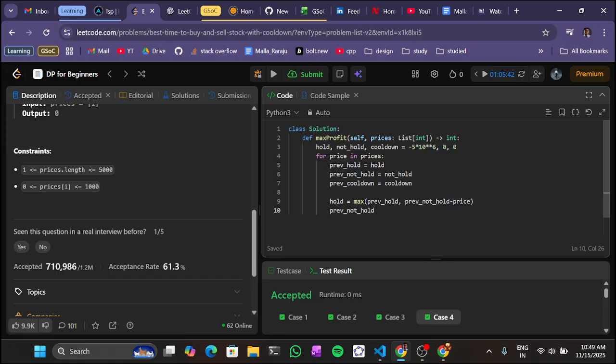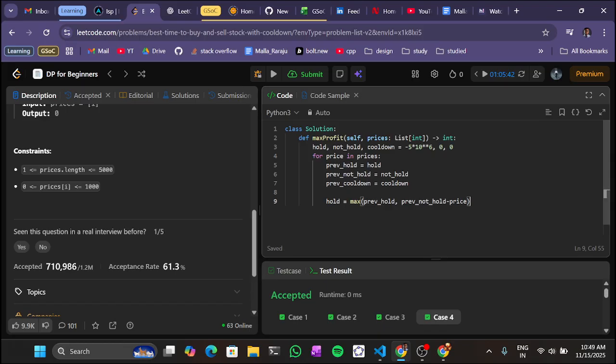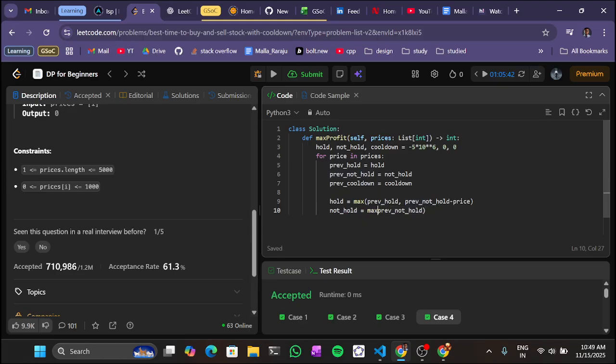Now if you choose not to hold now, that means either you are previously not holding anything, or you previously sold it.